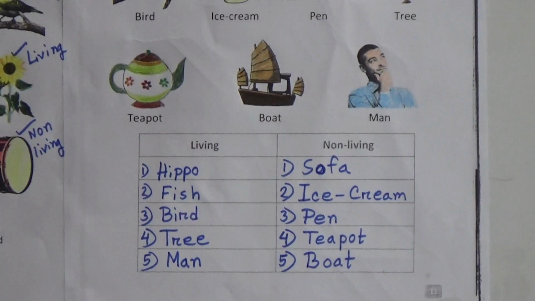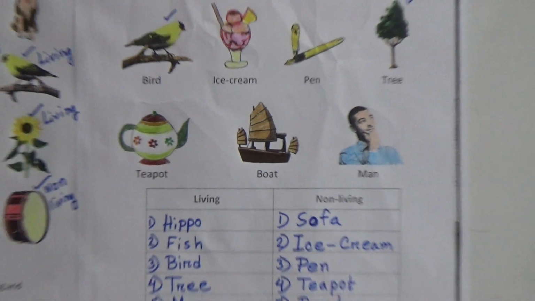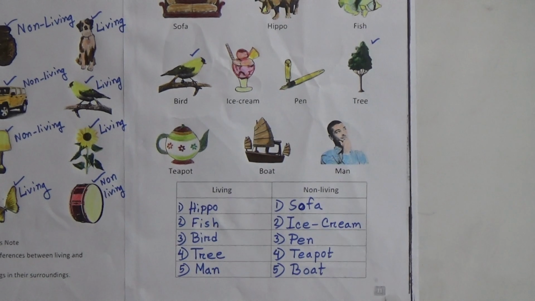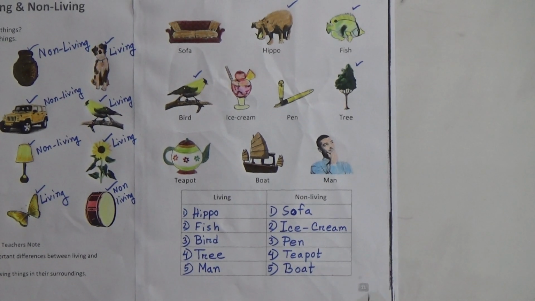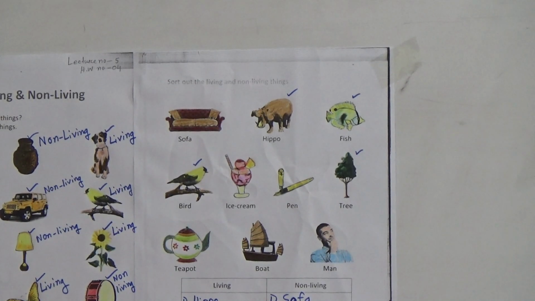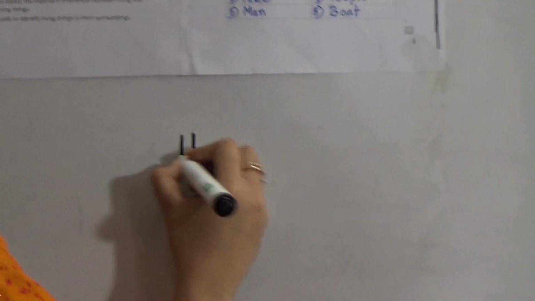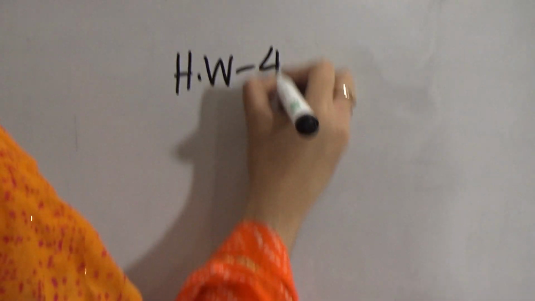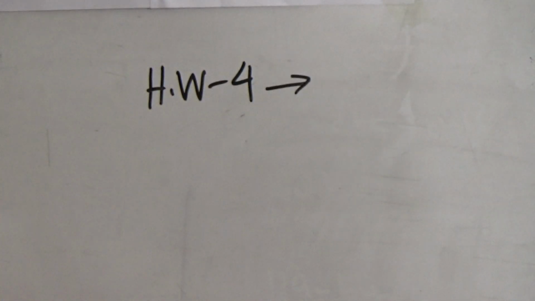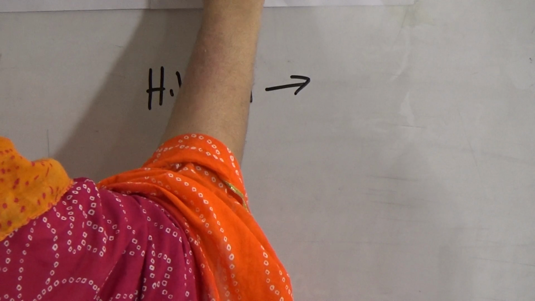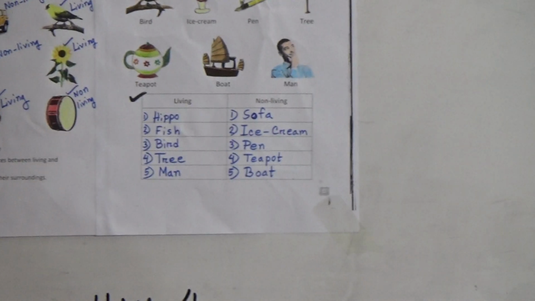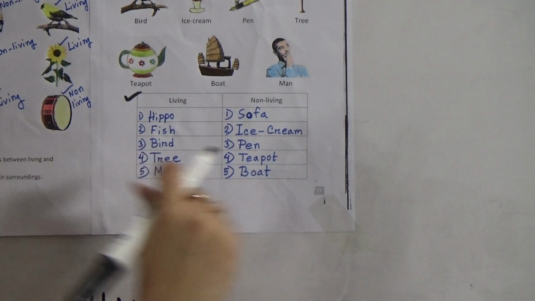So dear students, I have finished my today's topic. Now I will give you HW. Our today's HW is number 4 HW. And your HW will be this table, the table of living things and non-living things.